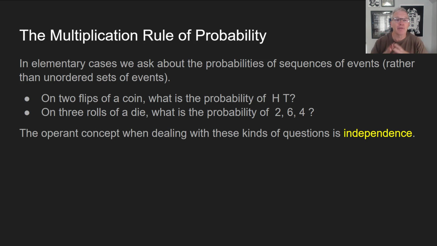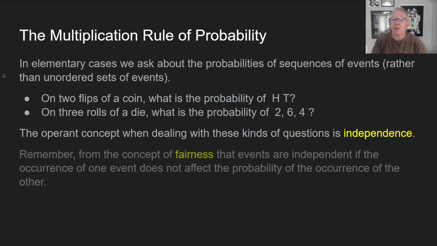So what's going to matter for our understanding of probabilities of these multiple events is whether the subsequent events are dependent or independent. And we've introduced those notions in some previous lectures, and it'll come out now why it's important here. From the concept of fairness that we talked about before, events are independent if the occurrence of one event does not affect the probability of the occurrence of the other.